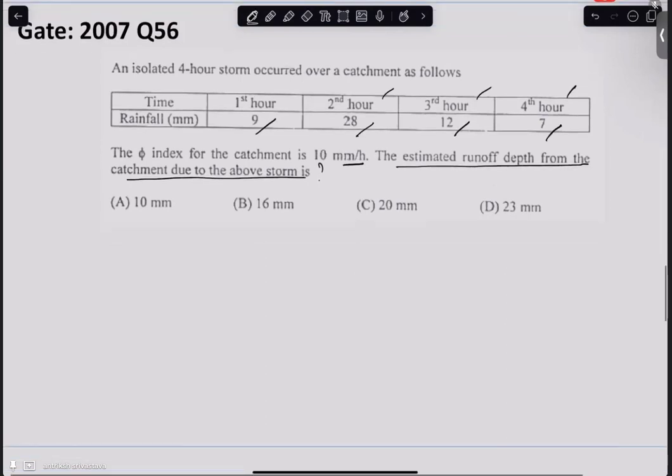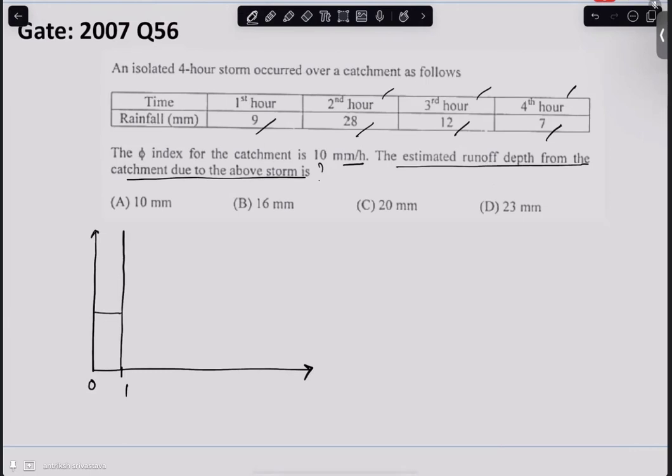So let's draw the hydrograph for the precipitation that is given in this question. From 0 to 1 hour, we have a precipitation of 9 mm. Then for the second hour, we have 28 mm precipitation, so it's going to be a very big bar.